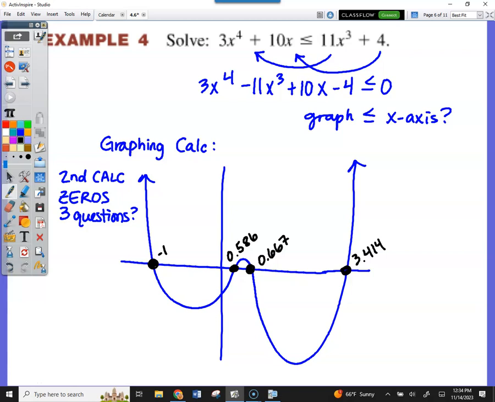Then to answer the question, I'd go back up here and remind myself of what the simple technique was. Where is the graph below the x-axis? Below would be here and here, right? In terms of answering the question, that would be from these x-intercepts and these.